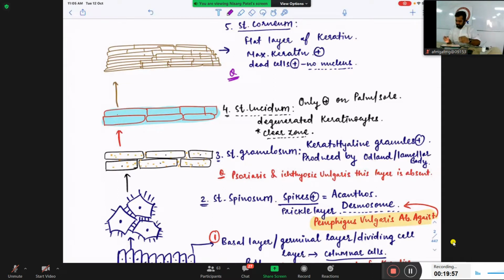It will take time. So prematurity and the very low birth weight baby, this layer is absent. So these are the two examples in which you will see that this layer is absent.